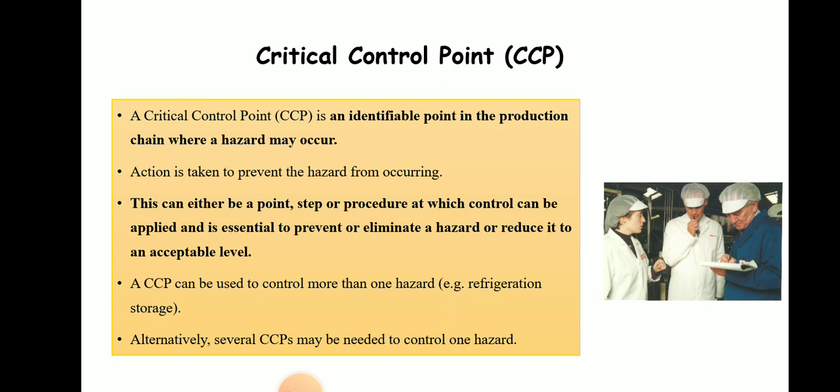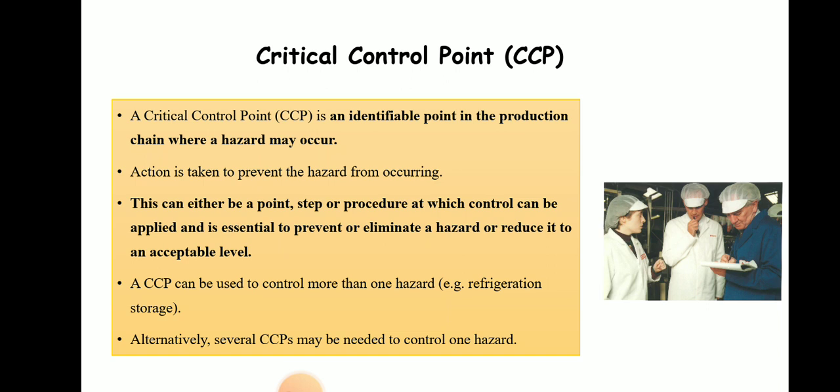It can be a point, a step, or a procedure at which control has to be exerted and is essential in order to prevent or eliminate a hazard or reduce it to an acceptable level. A CCP can be used to control more than one hazard, for example refrigeration storage, which can prevent a physical hazard as well as a microbiological hazard. Alternatively, several CCPs may be needed to control one hazard.